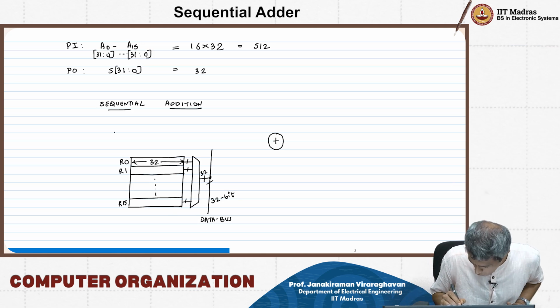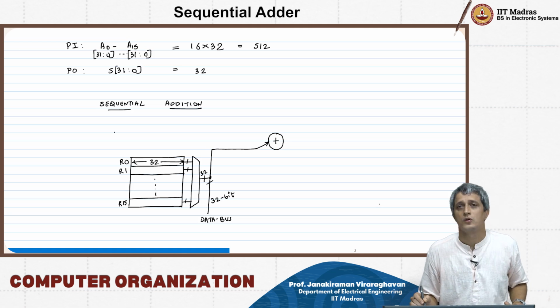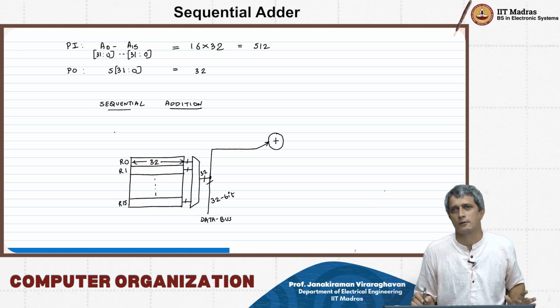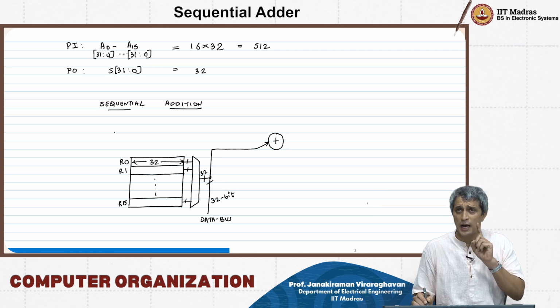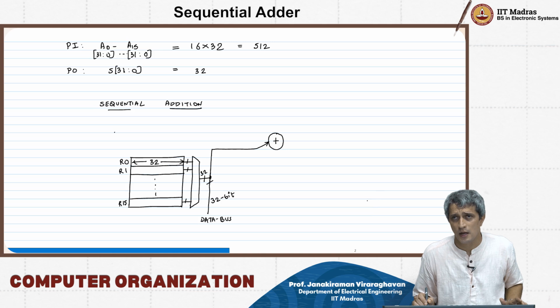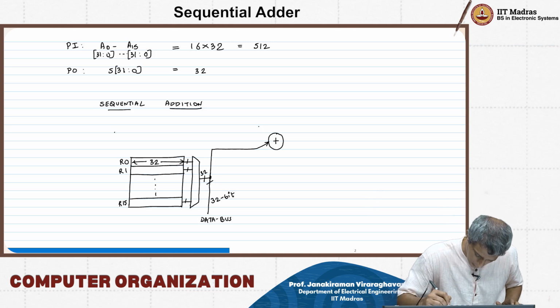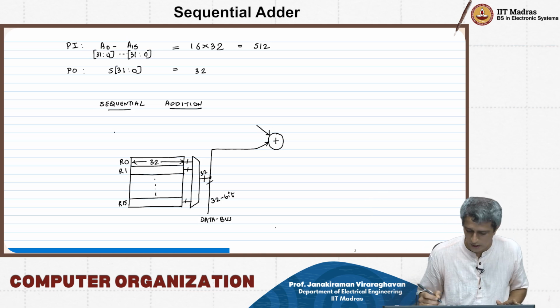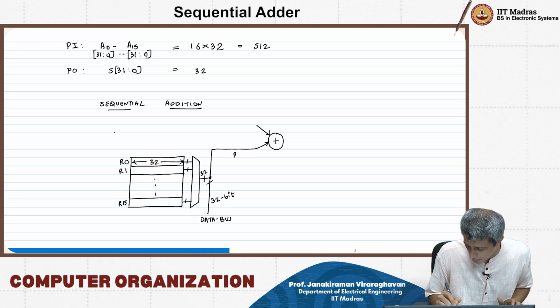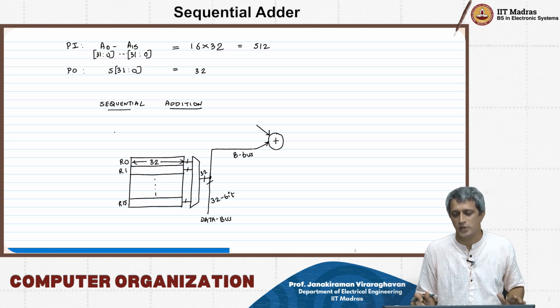So now what do you do? I basically take this and give it to one input of the adder. Now what do I do to the other input of the adder? The second input I am going to call the B bus, because it's the B input of the adder.